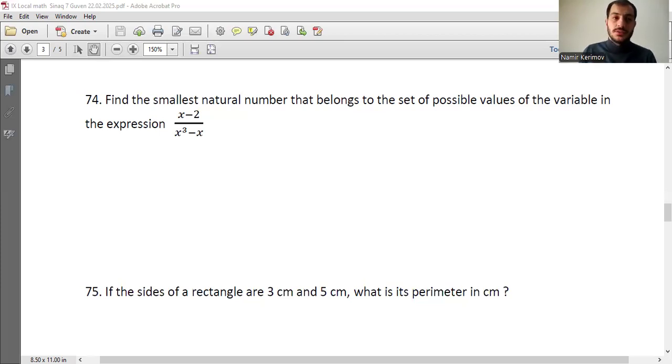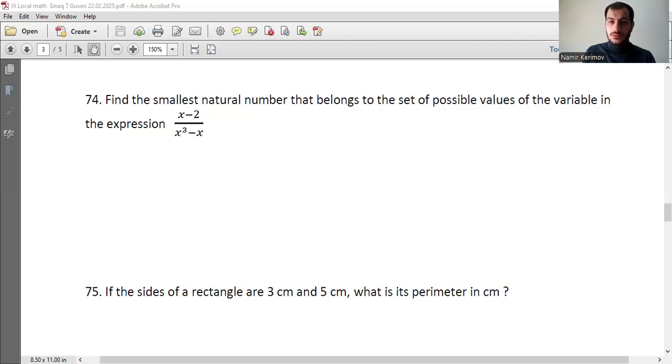As we said in the previous question, again we can say x cubed minus x, which is the denominator, cannot be 0. So here we can factorize it by taking x out of the parentheses, and then that will be obvious. So x squared minus 1 is x minus 1 times x plus 1.